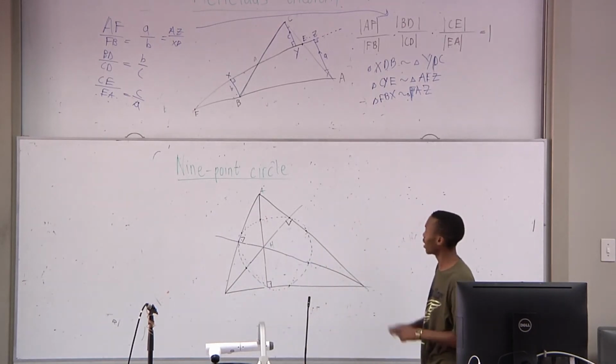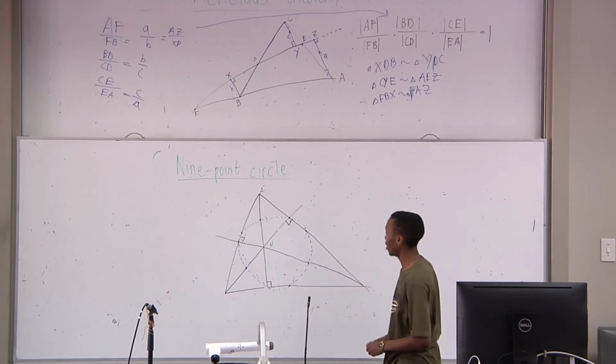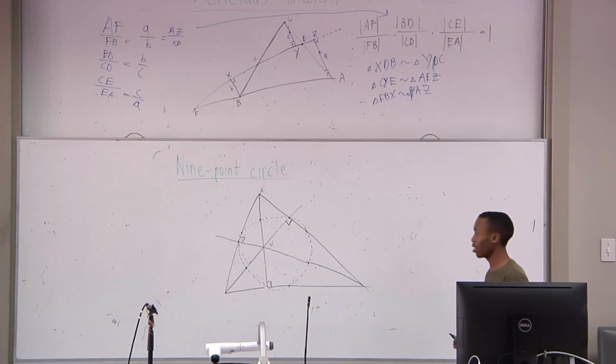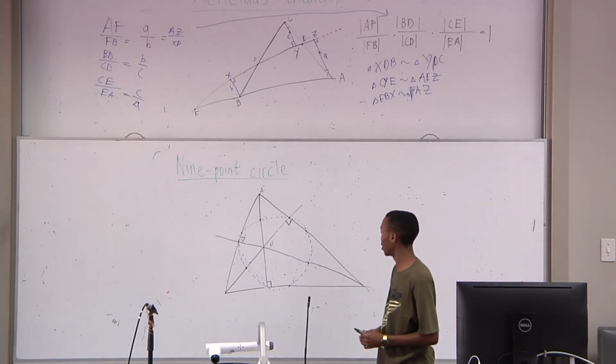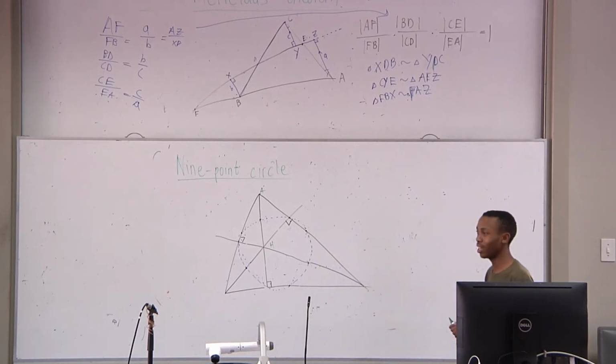The 9-point circle says that all these points lie on a specific circle. And we're not just going to say that's true and move on. We're actually going to try to prove that these points lie on the circle.